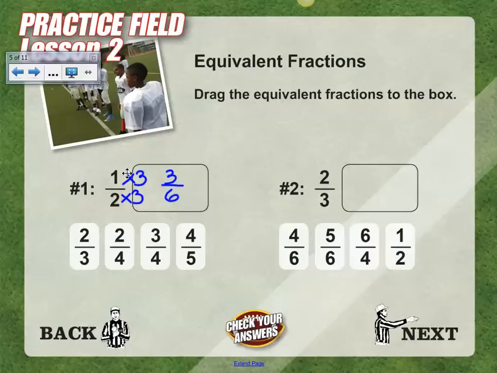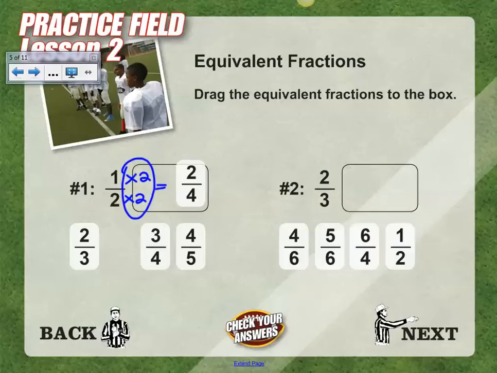When I look at all of my numbers here, I have 2/3, 2/4, 3/4, and 4/5. It looks like 1/2 is going to be equivalent to 2/4. So 1 times 2 is 2, and 2 times 2 is 4. Because I multiplied top and bottom by that same number, I end up getting an equivalent fraction.